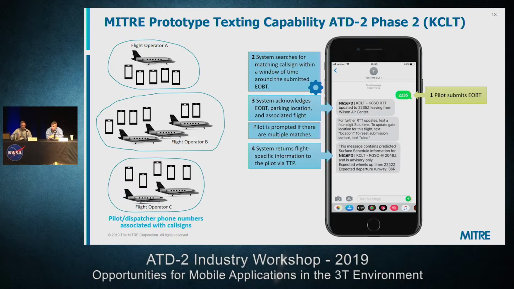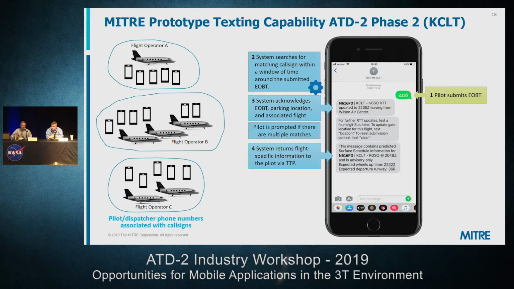It might look something like this. It says this message contains predicted surface schedule information for November 616 Papa Delta, and it's advisory only. In this case, it's providing the expected wheels up time of 22:42 and expected departure runway of 36 right.